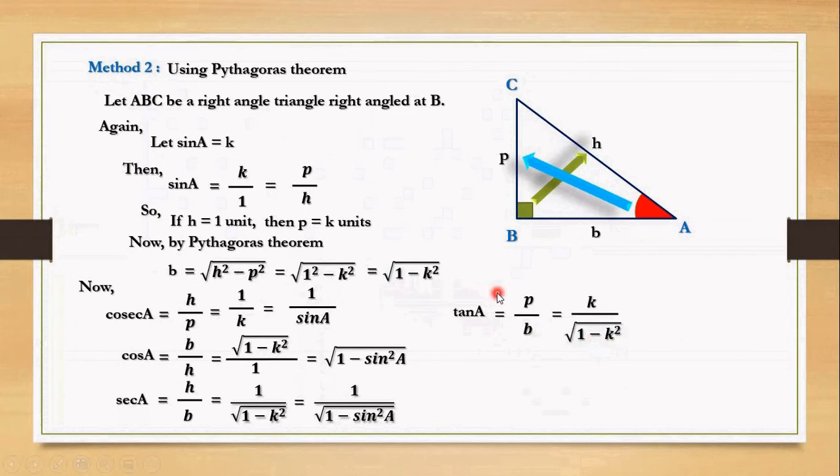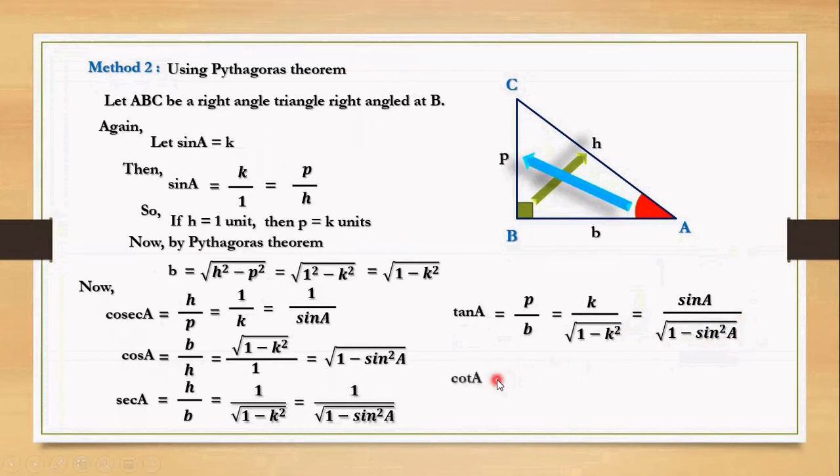Again, let's replace all the k by sine A. So we have sine A in the numerator, and in the denominator root under 1 minus sine square A. So tan A is also expressed in terms of sine A.